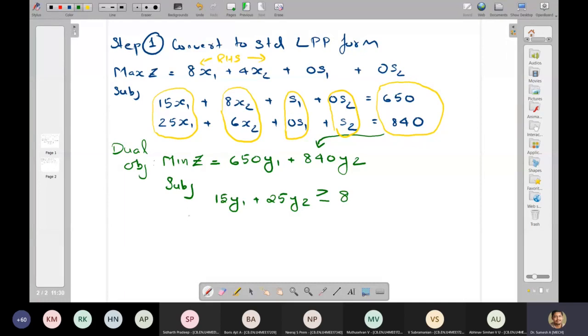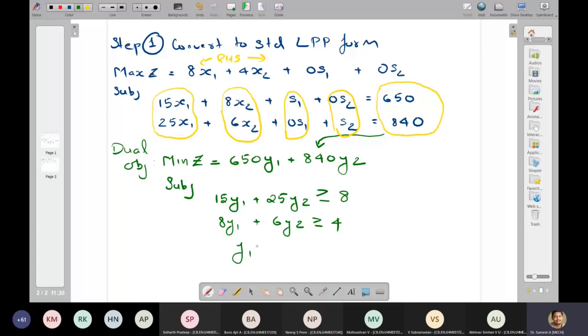Second constraint, 8y1 plus 6y2 greater than or equal to 4. Third constraint, y1 greater than or equal to 0.